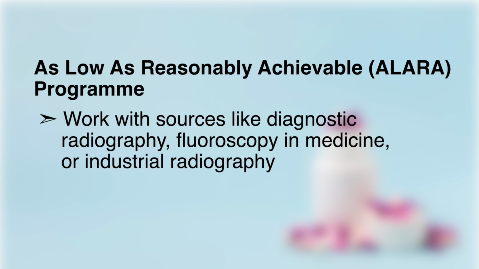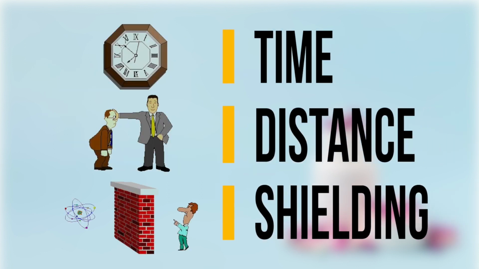Along with this ALARA, these procedures are typically developed for working with specific radiation sources, like diagnostic radiography, such as medical x-rays, or fluoroscopy in medicine, or industrial radiography. And another criterion is time, distance as well as shielding.